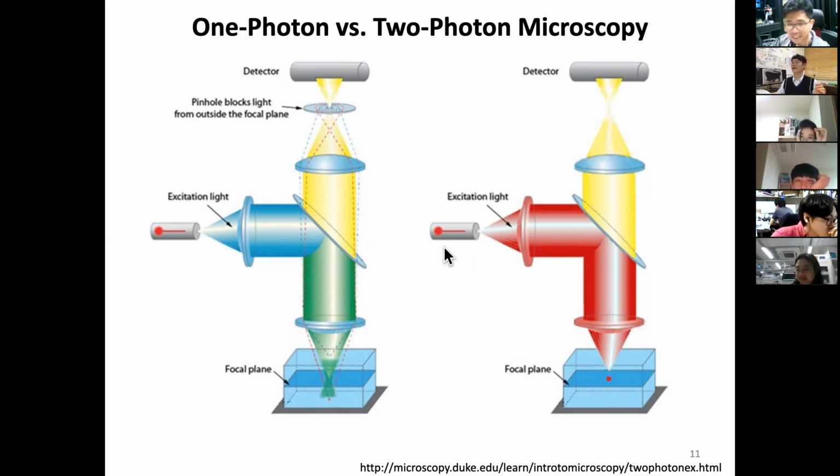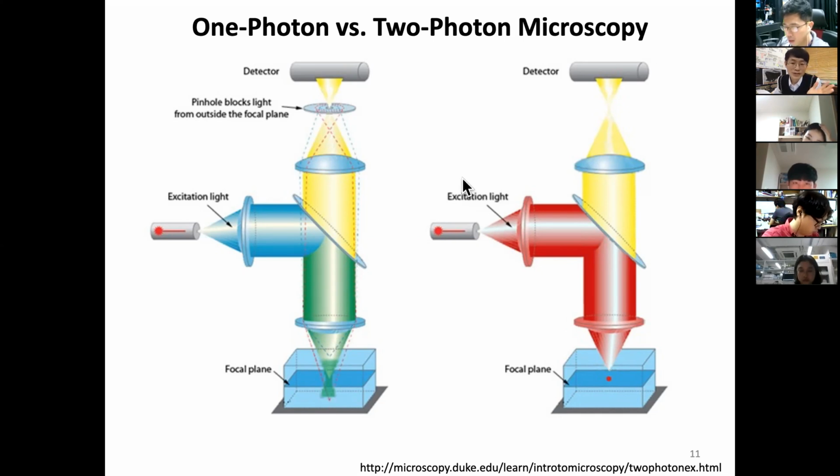All right. So you remember confocal is a 1-photon microscope. We shine blue light, okay? And then we actually get yellow light coming back, which is a longer wavelength. But here you notice the shining light is not blue anymore, it's a red color, and then it comes back as the same yellow fluorescence.